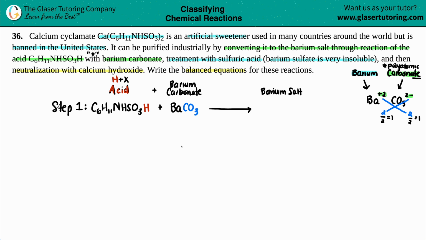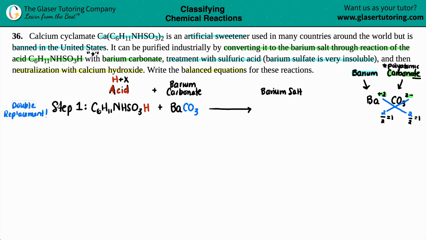Now, we basically have 2 compounds, right? This is a compound with a lot of elements, and this is a compound. Remember, the split was down here. We did the hard work already. Whenever you're dealing with 2 compounds, this is always going to be a double displacement or double replacement reaction.